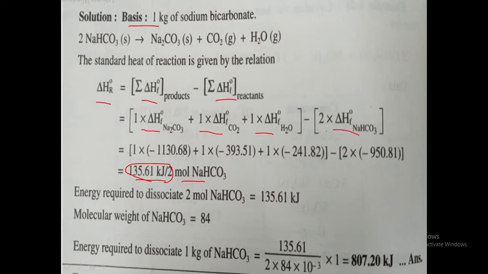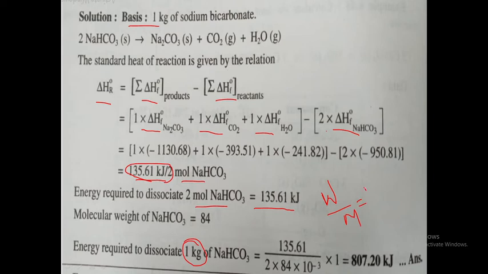As per the reaction, 2 moles of sodium bicarbonate are dissociated with a standard heat of reaction value of 135.61 kilojoule. But we have 1 kg as per the problem. How will we calculate the energy? First the weight is converted into number of moles: weight divided by molecular weight equals number of moles.